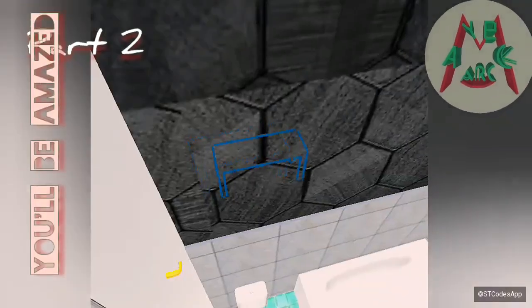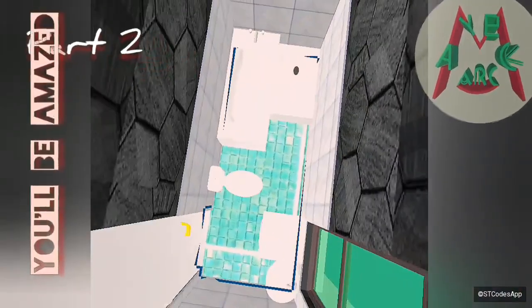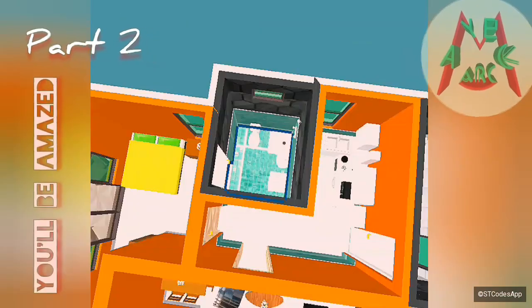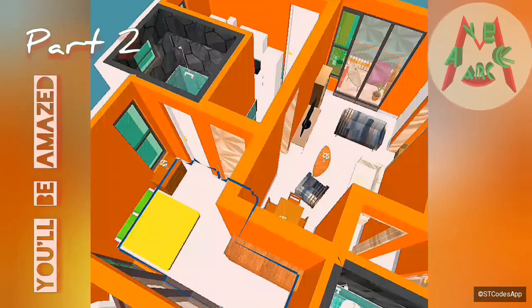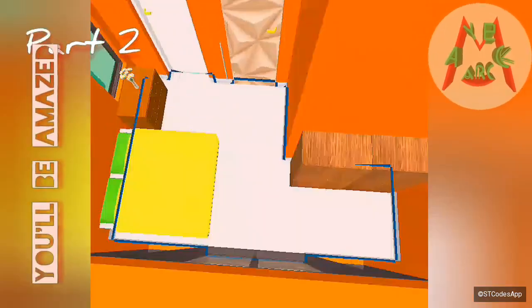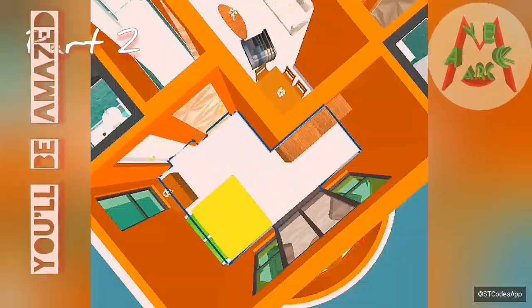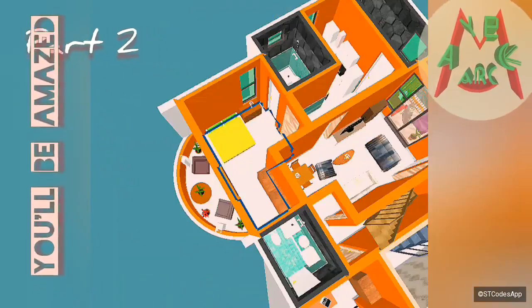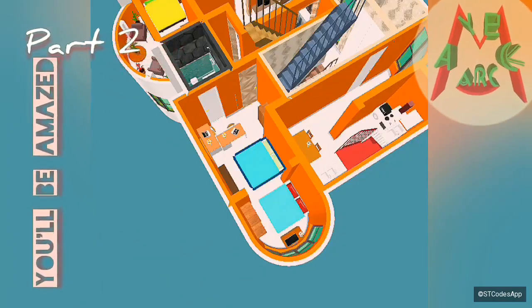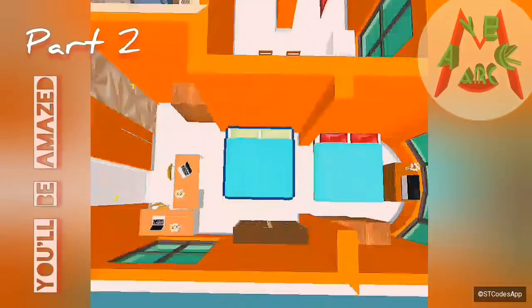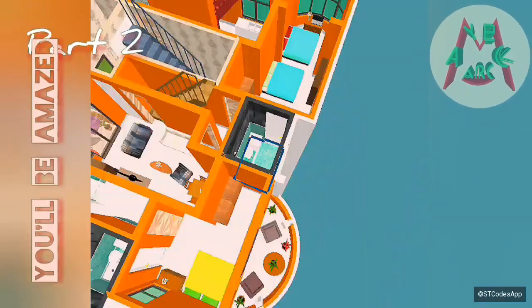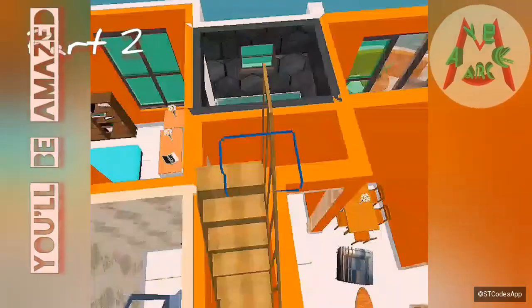Okay, public bathroom, because I told you this is a four bedroom house. This is a bathroom for this bedroom. And at this side we got another bedroom which also belongs to this house. Quite a huge one, it comes with two beds, and its bathroom is here.